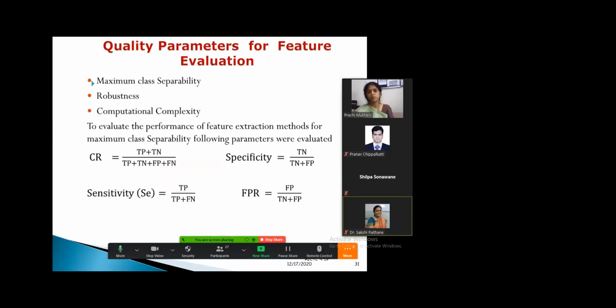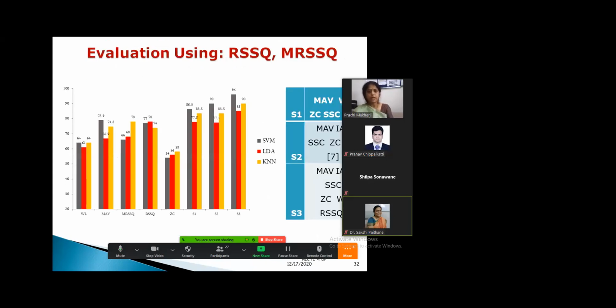And these are normal quality parameters: maximum class separability, robustness, computational complexity. And when we use these combinations, we can see many graphs here.